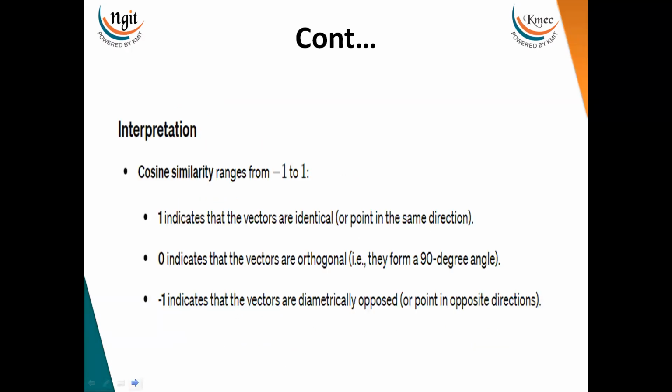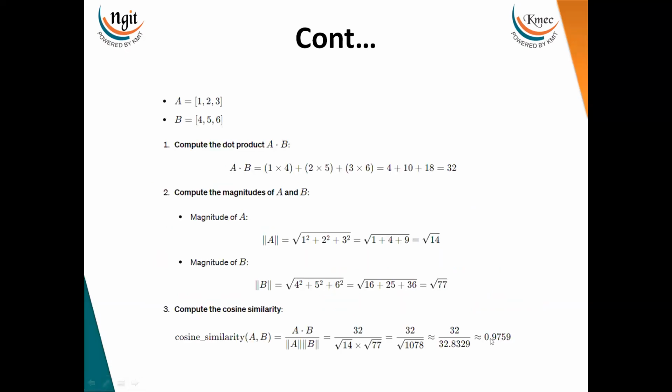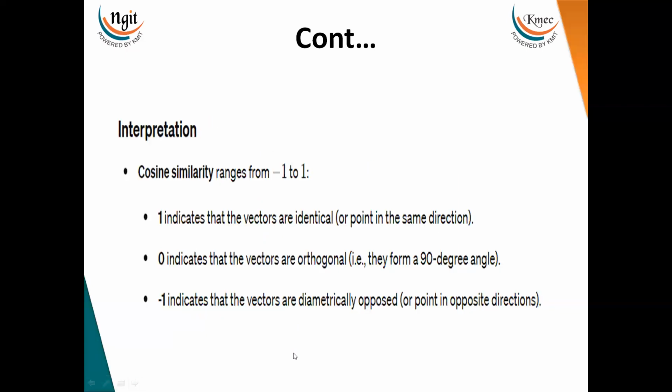Now, what will we interpret from cosine similarity when we get a certain result? Whenever we talk about cosine similarity, the value will range between -1 and +1. If it is 1, it indicates that both the vectors are identical, or we can say both points are in the same direction.